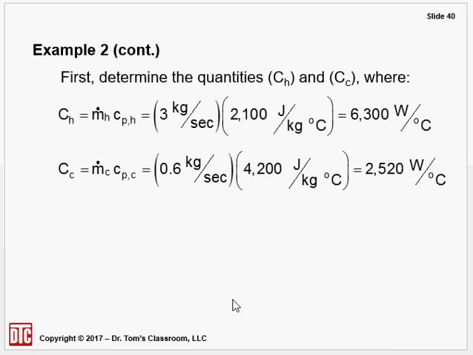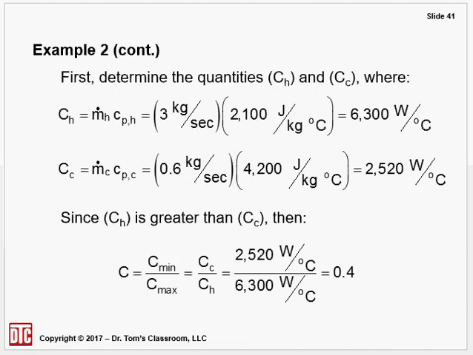Okay, so let's find the C_H and C sub C. We're given the mass flow rate of the hot oil, and then we're given the m dot of the cold water, 0.6. We're given both the C_Ps, 2100 and 4200. Multiply those out and get C_H is 6300 watts per degree C and C sub C is 2520 watts per degree C. So obviously the C_H is bigger than the C sub C. So C sub C is going to be our minimum, and our C sub H is going to be our maximum.